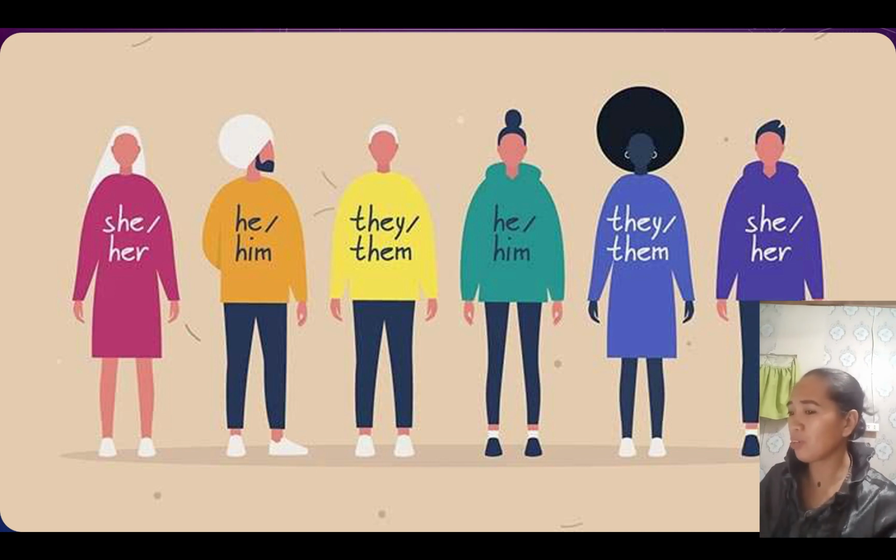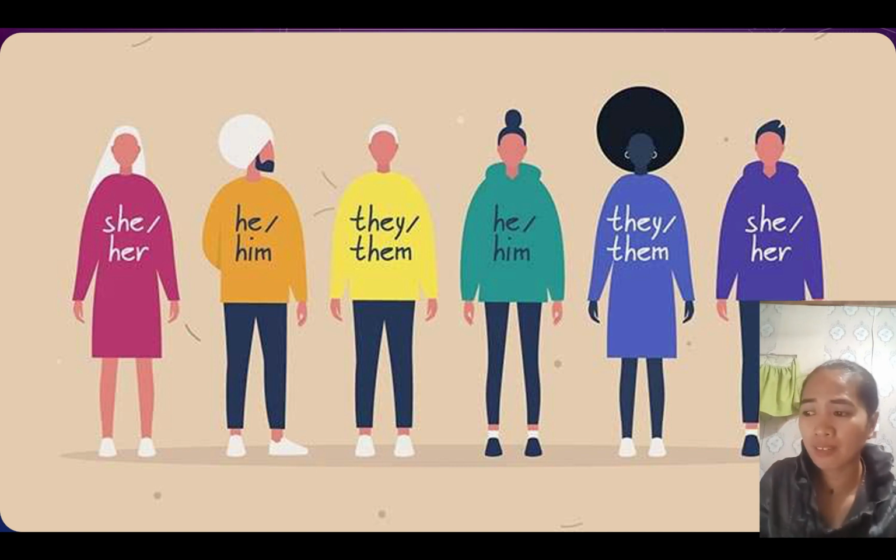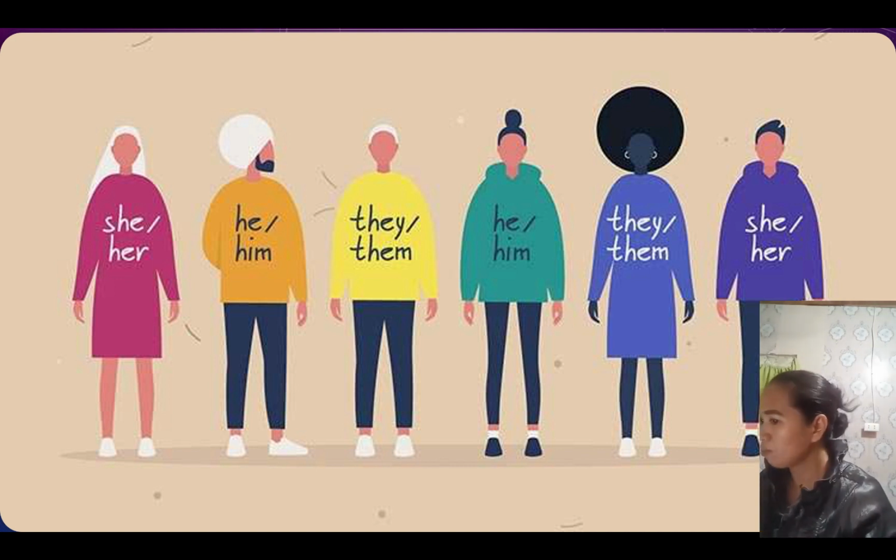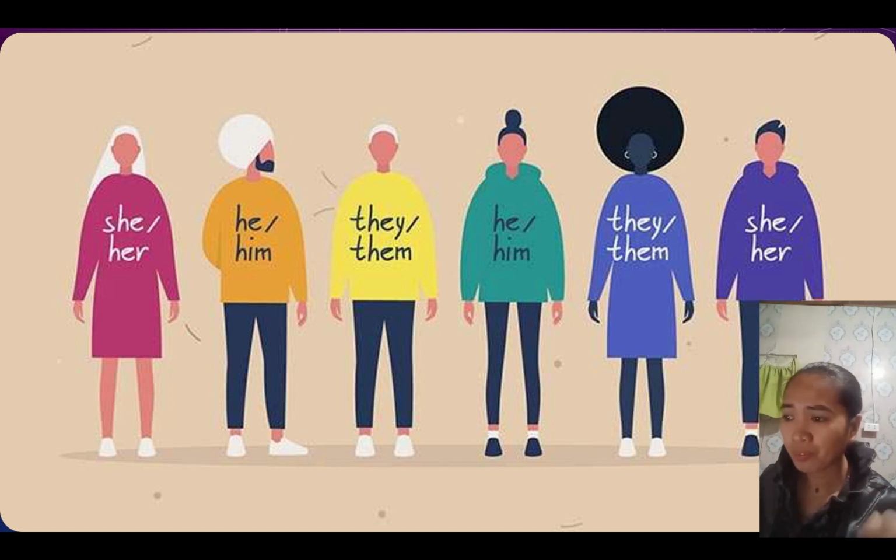So gender is the sex of the subject that's being talked about, and a gendered pronoun is a pronoun that indicates a particular sex. In the English language, the masculine gender has the pronoun his, and the feminine gender has the pronoun her, and the neutral genders they and their.